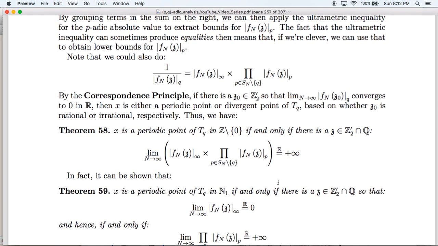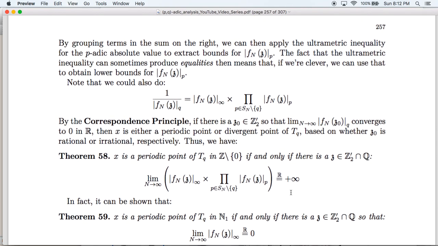And in fact, we can show more. From the correspondence principle, it follows that if the F series of chi-q is evaluated at a rational 2-adic integer and converges to a positive integer, then that convergence will occur not just in the q-adic topology, but also in the topology of the reals.